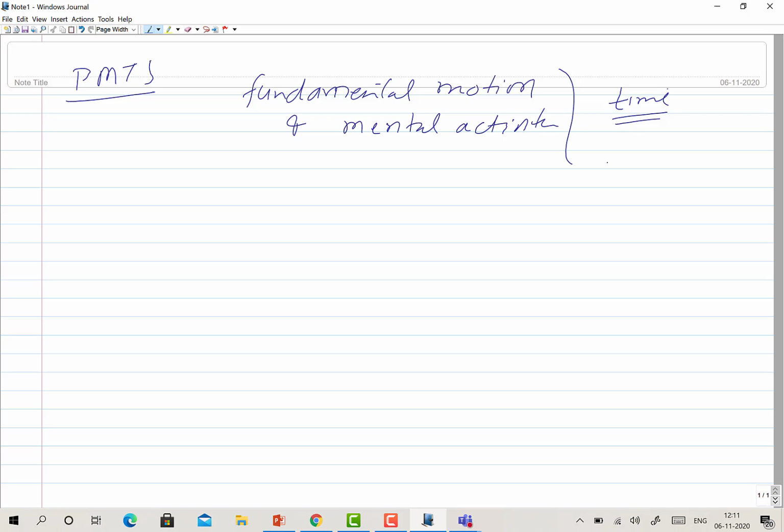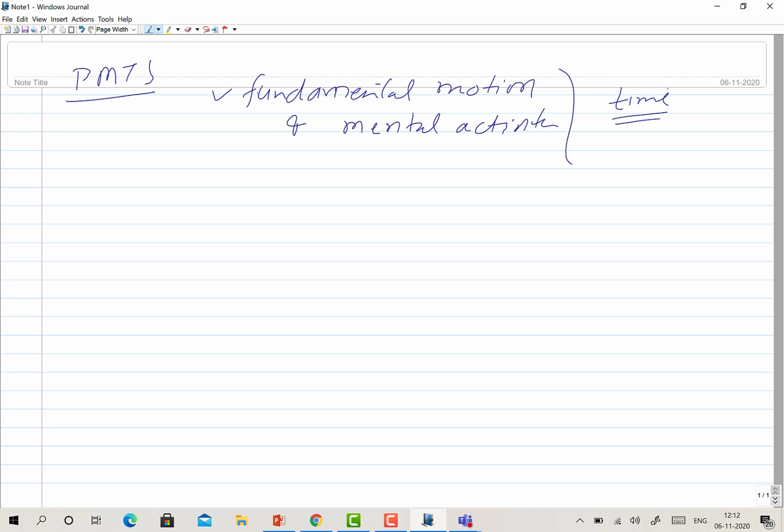Although these fundamental motions and activities are specific to the method, and they are categorized and grouped in different ways, the general approach is the same, wherein the fundamental motions and activities needed to perform a job are identified, and the time values for those activities are used to come up with the time required to complete a job, so that the time standard can be set.